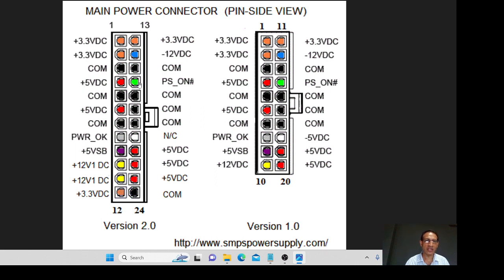It's very important because this green color is available to test the power supply. If you want to test the power supply, just take a jumper, a small piece of wire, and connect this green color and this black color one, the neutral one. If your power supply is separately plugged in to the power and switched on, then after you connect the green and the black, if the power supply is working, the fan switches on.